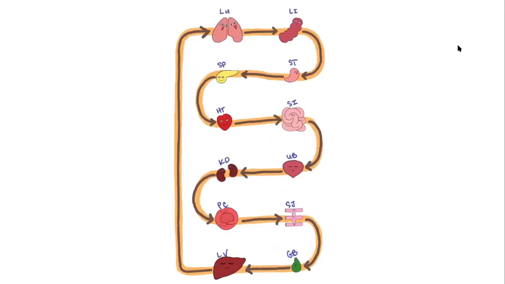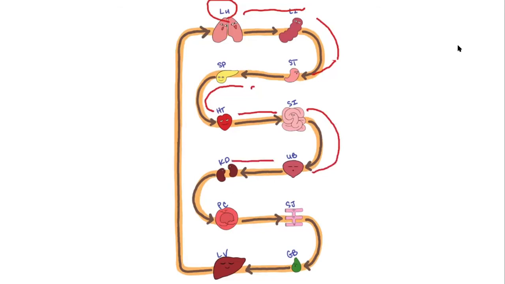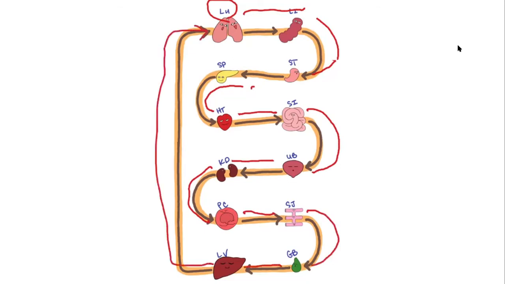Start from the lung: lung to the large intestine to the stomach, spleen to the heart, heart to SI, small intestine to urinary bladder to kidney, kidney to pericardium, pericardium to triple burner to gallbladder, gallbladder to liver, and the liver back to the lungs. So that's how qi circulates.